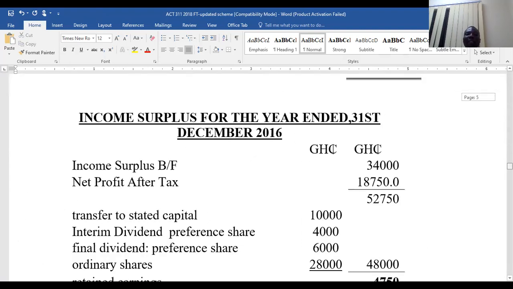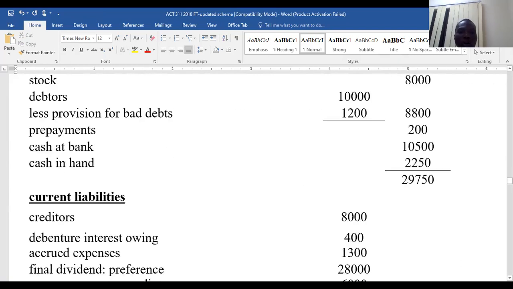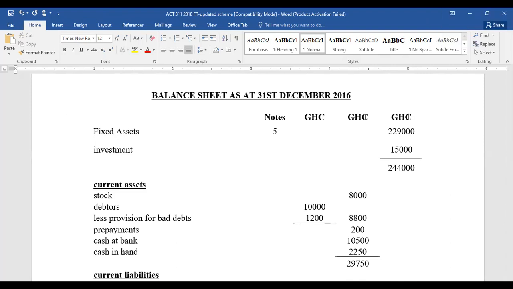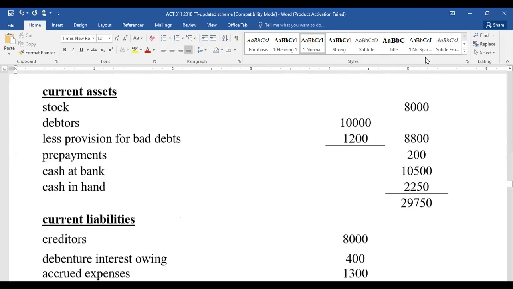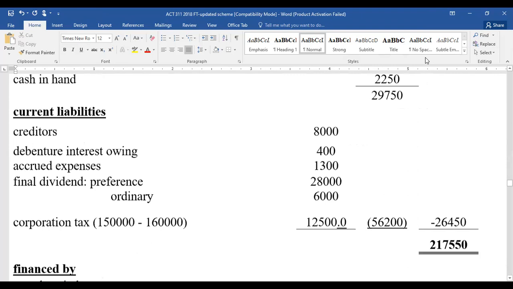So if you do the right thing, this is how your balance sheet should look like. The fixed asset side, the current asset side should look like this. The current liability side should look like this.